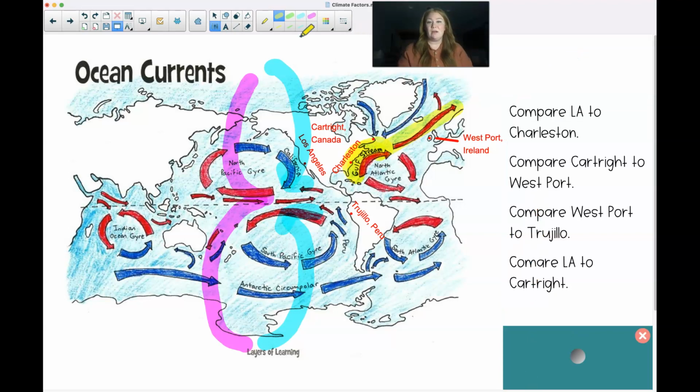So we're going to compare Los Angeles, which is right over here, to Charleston, so right over here. They're very similar in their latitude. We're comparing opposite sides of the United States. So in California, we've got this cold current coming down.